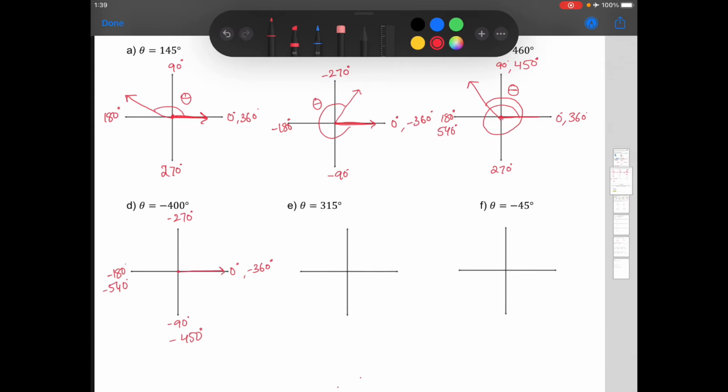My initial ray, as you see, is going to be here, and my terminal ray is going to be in the fourth quadrant because negative 400 is in between. It is in the fourth quadrant, right? So I'm going in the clockwise direction, and that's my angle. Okay, and I'm going to label it theta.